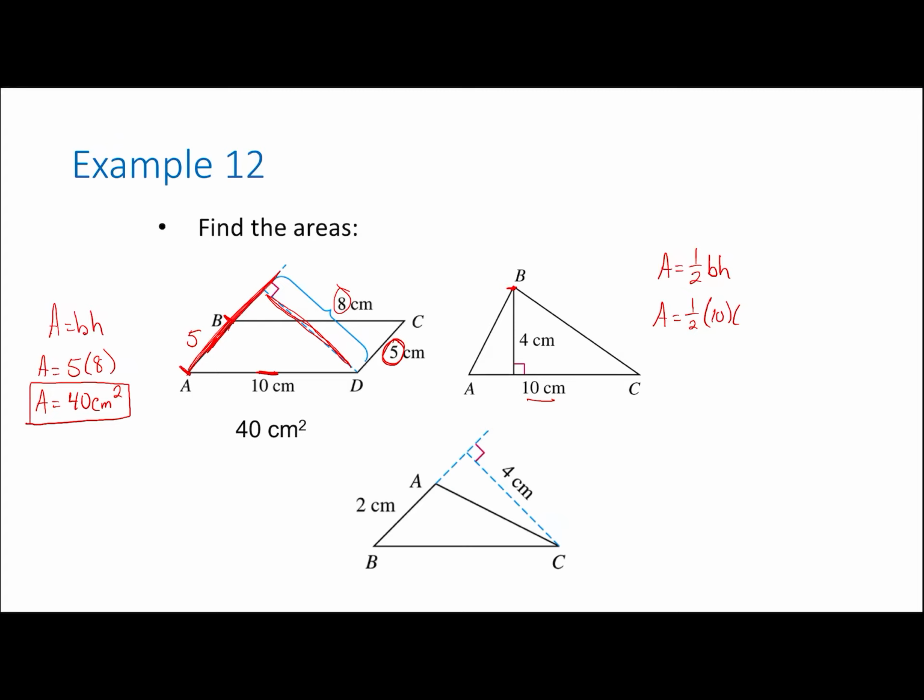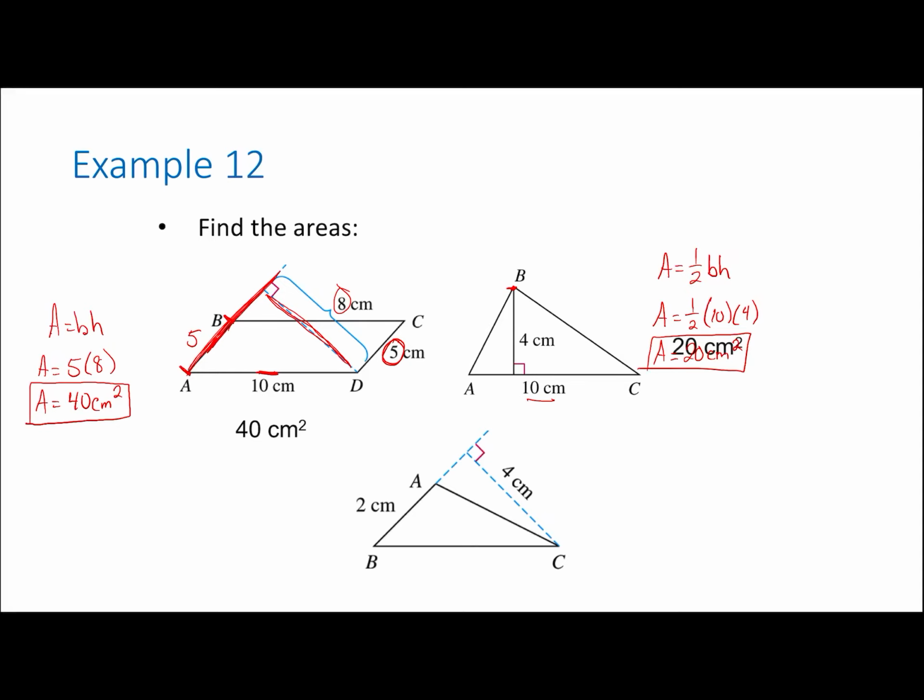And so we see that as 4 centimeters. And so our area, now if you see the fraction, the 1/2, and you go, I can't do it, it's just half of whatever that total is. So 10 times 4 is 40. And so it's half of 40, which must be 20 centimeters squared.